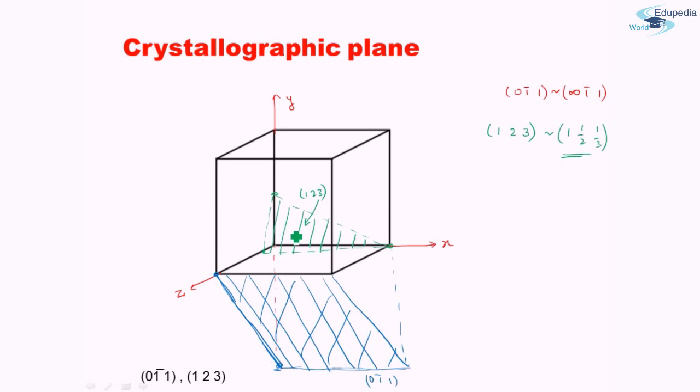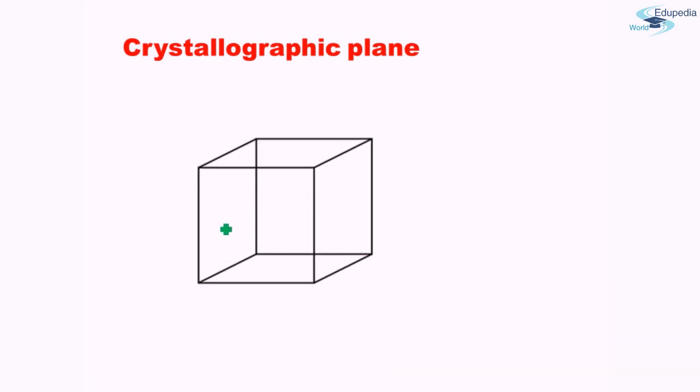Now let us see a couple of examples where we are given a plane and we are asked to find what the Miller index for that plane is. So let us suppose that I have a plane like this. This is a hypothetical example. You can draw any plane and find the Miller indices for it.